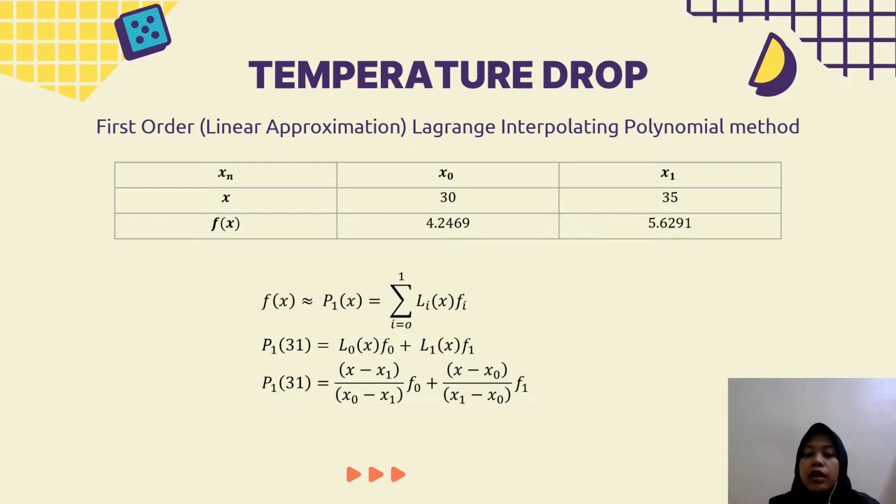To calculate the value of pressure at 31 degrees, we use 2 points, which are 30 and 35, and use the formula: S minus S1 over S0 minus S1 times F0, plus S minus S0 over S1 minus S0 times F1.